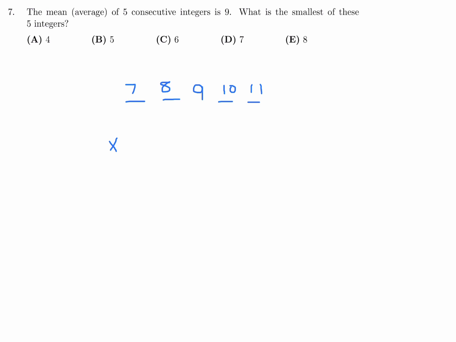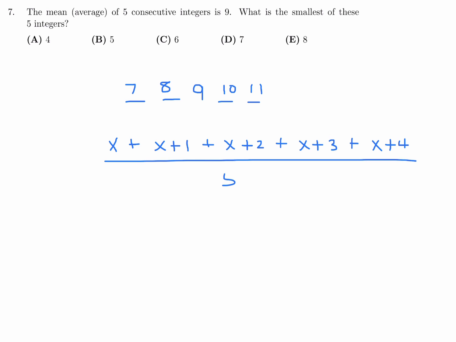Or if you don't want to do it that way, you can just write 5 consecutive integers in terms of x, like this, and then add them. And then to get the average, of course, you have to divide by 5, and that average is 9.